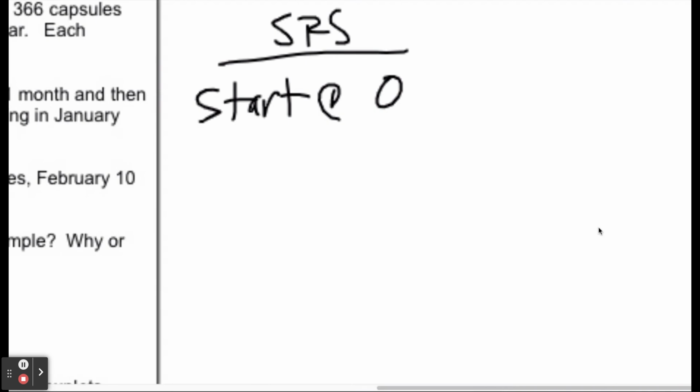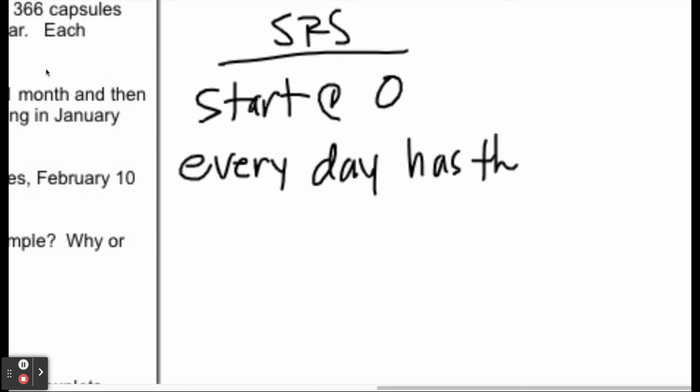But then also, and here's the biggie, if I'm using this example that we just talked about with the draft, then I'm going to be specific here. Every day has to have the same number of digits. Okay?